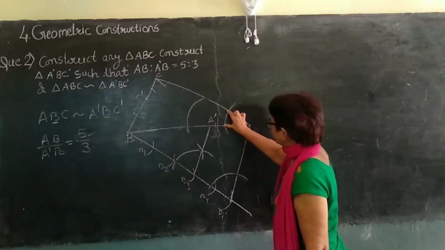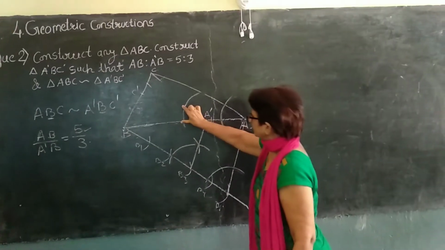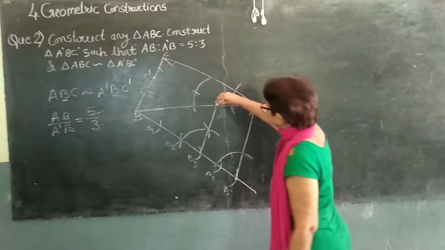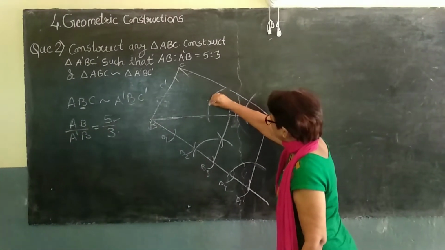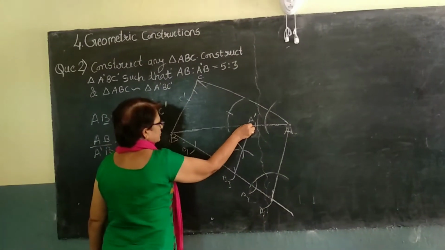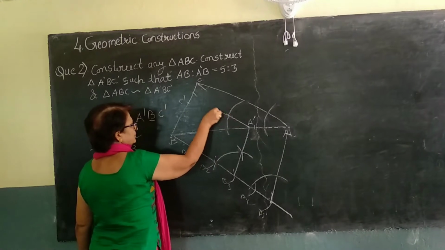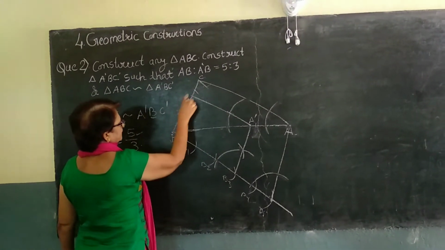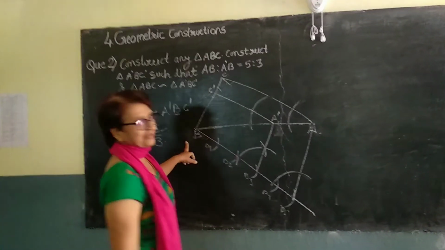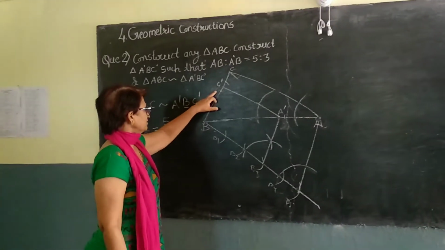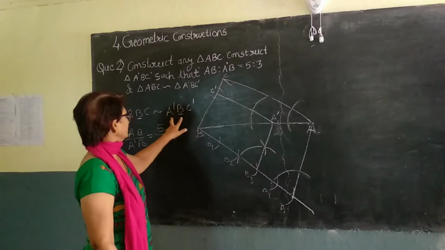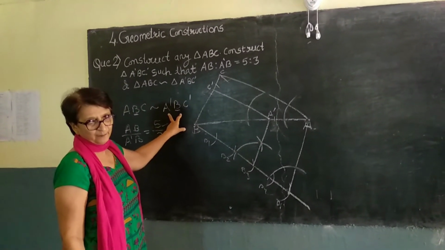Now take this distance and cut the arc here, this point. Now join this A dash and this point out here. So it is going to come like this, and this is your C dash. So this is your required triangle now, C dash B A dash or A dash B C dash. You got the construction.